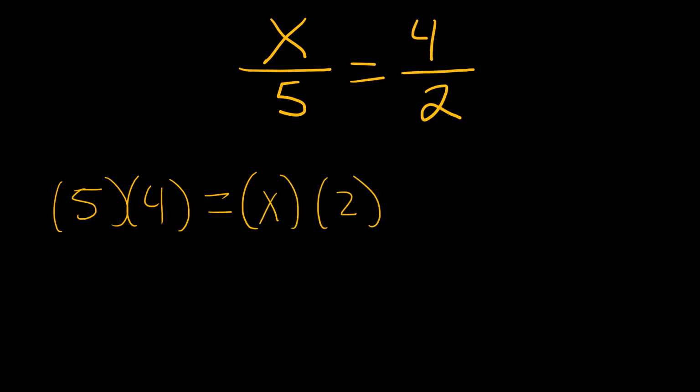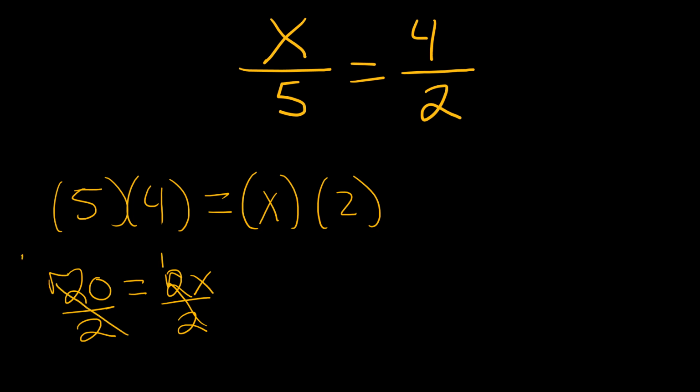And if we simplify further, we're going to have 20 equals 2x. Now, because 2 is being multiplied by x, we're going to have to divide. So when we divide both sides by 2, this is going to go to 1, and this is going to go to 10. And therefore, x is going to be equal to 10.